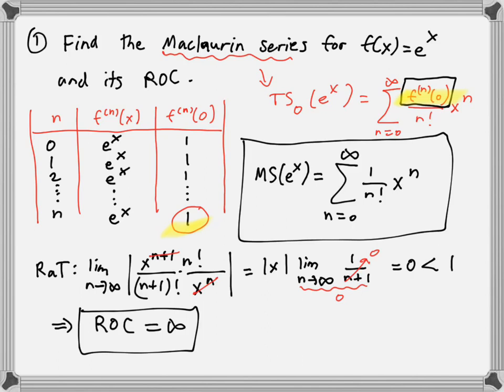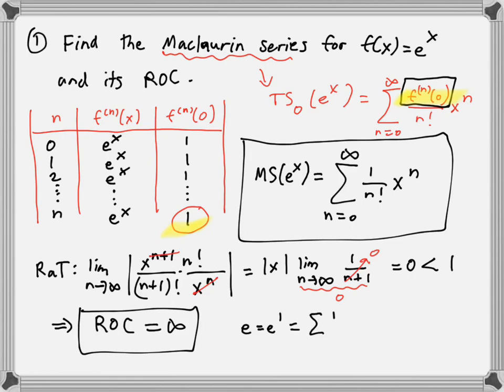It's pretty cool, right? If you want to know a useful thing that this could be used for, what this means is that if you were to plug in 1 into that formula, then you could find a way to approximate e on your own. Because e is the same as e to the first power, which is the same as, if you plug in a 1 into that formula, all the x to the n's go away.